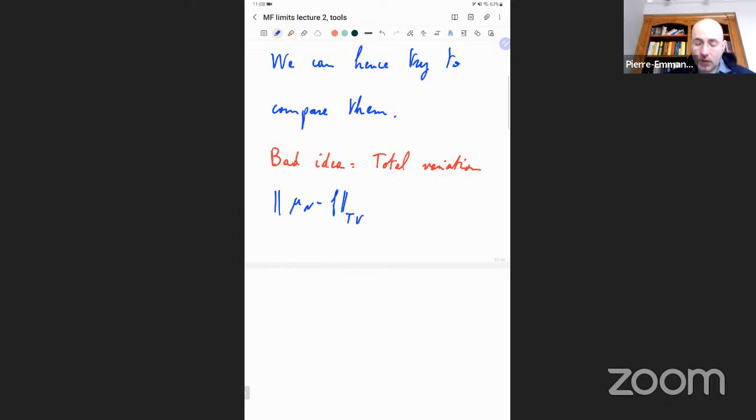So this is really like taking the mass of the difference as a measure, something that I can write like this. But since f is likely to be a density, so it's likely to be absolutely continuous with respect to the Lebesgue measure, the total variation with respect to a sum of Dirac masses is the sum of the masses.